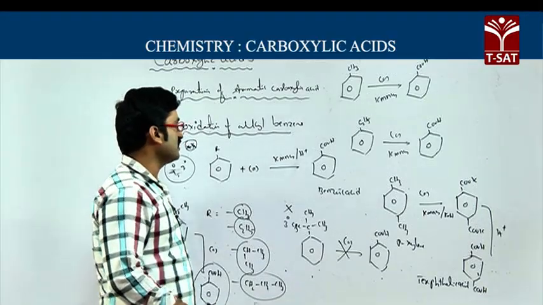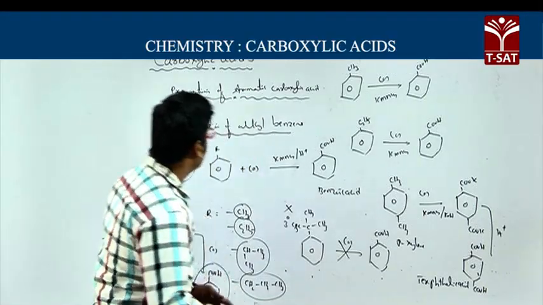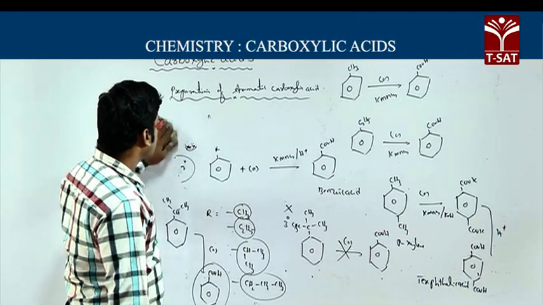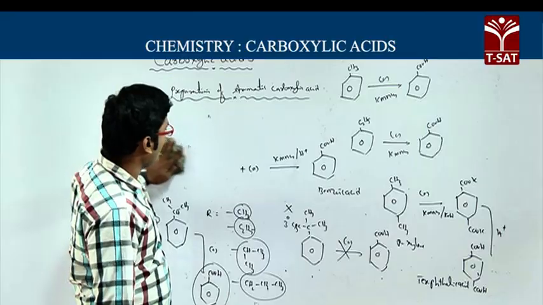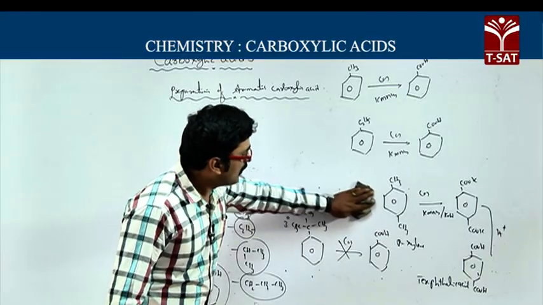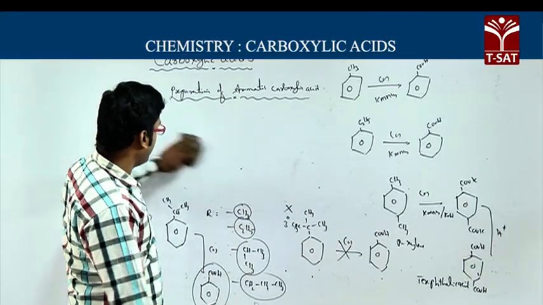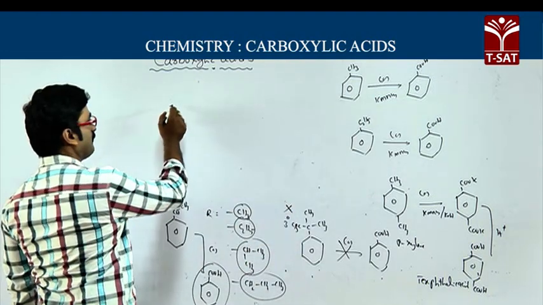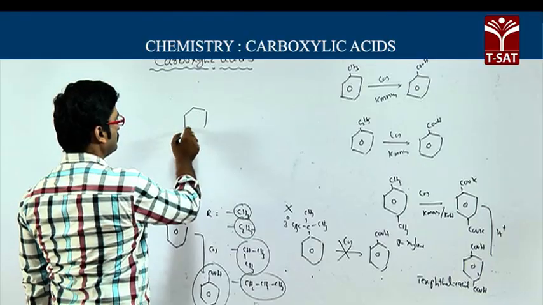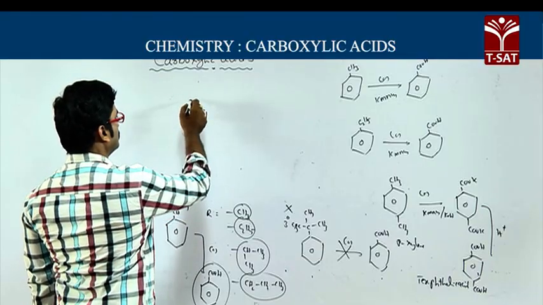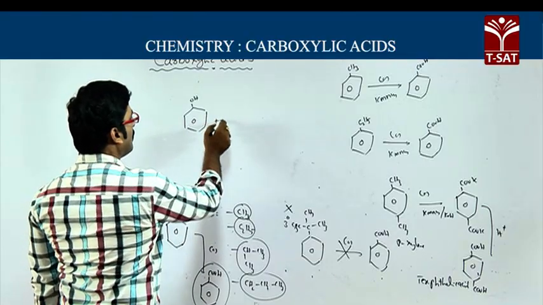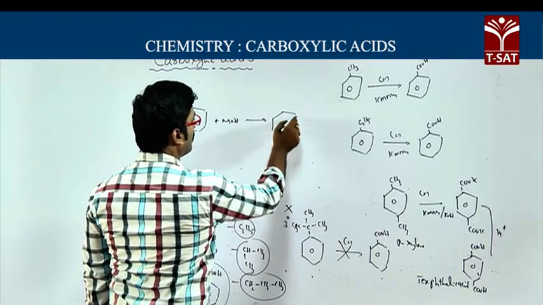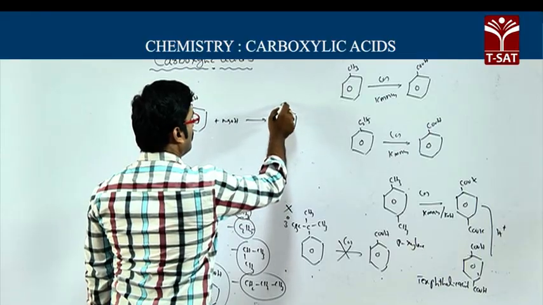And the last preparation is preparation of salicylic acid. This is very important. Salicylic acid can be prepared by a Kolbe reaction from phenol. Phenol, C6H5OH, on reaction with sodium hydroxide gives sodium phenoxide, ONa.